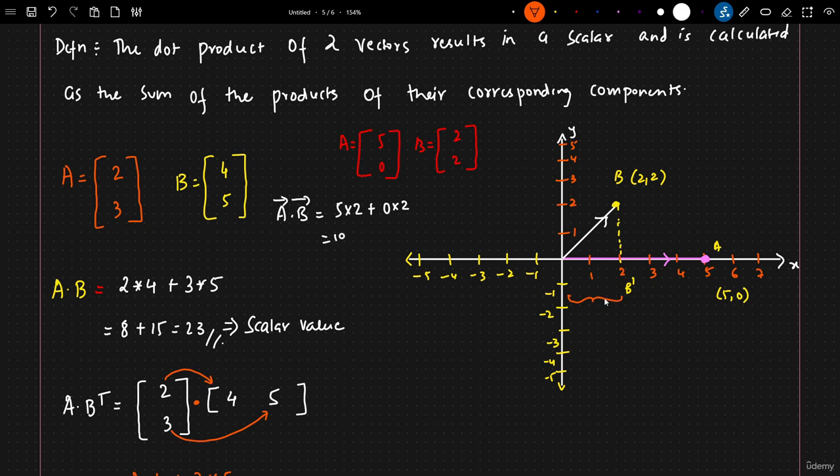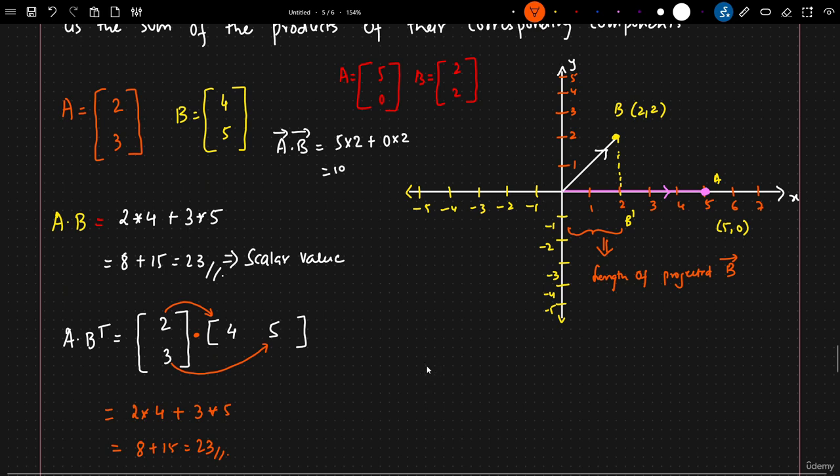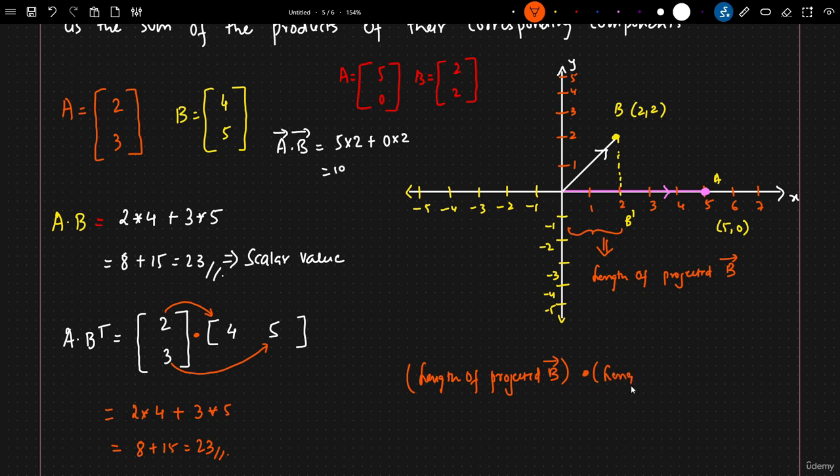Okay, and we basically say length of projected B vector. Then we will take this length, whatever length is there, the length of the projected B vector, and we will multiply it by the length of vector A. And what is the length of vector A in this scenario?